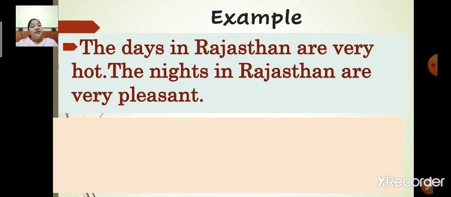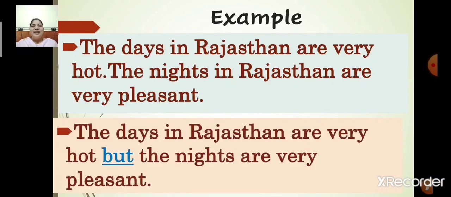Now here you have to join these two sentences using but. So children, how will you join these two sentences? Let us see. The days in Rajasthan are very hot, but the nights are very pleasant.